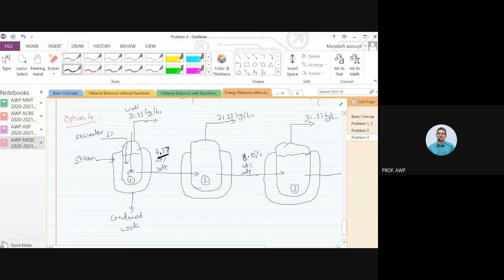It will be less than 117. Maybe it is 103. I'm just saying some number. Don't take this number for granted. You calculate the boiling point elevation corresponding to 4.37 weight percent salt and corresponding to 8 weight percent salt. Maybe this will be 109 degrees centigrade, and then this is 117 degrees centigrade.